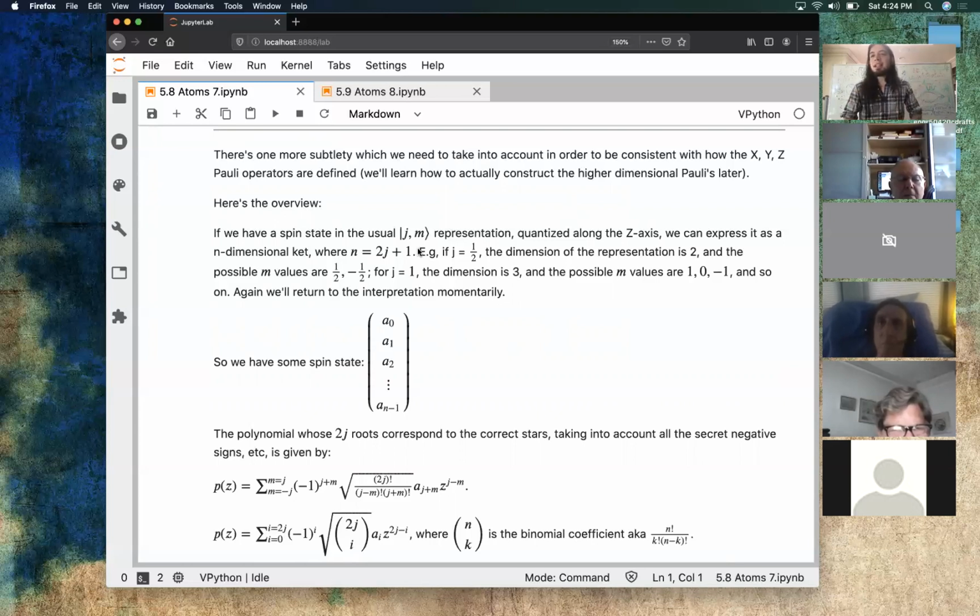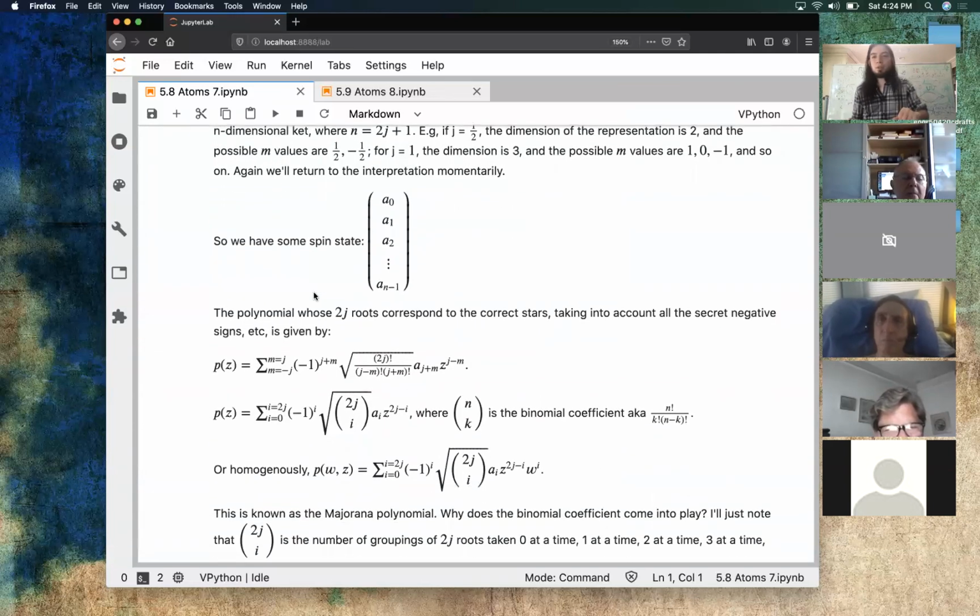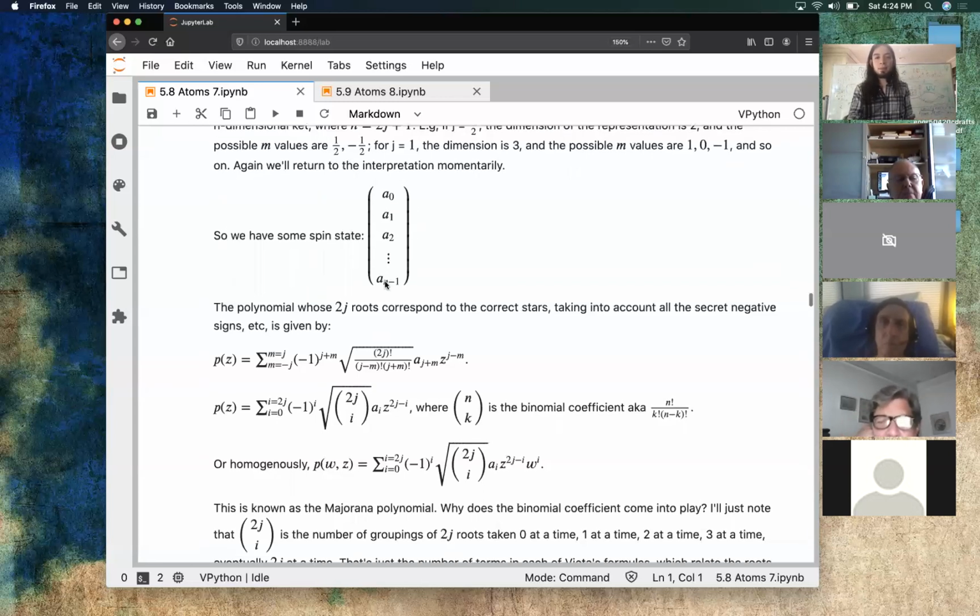Like we worked it out in the case of just a monomial, where we had to recall that little minus sign issue. So how does that play out in the case of a degree n polynomial? If you have a JM vector, say here, I've just written the components out, A0, A1, A2.